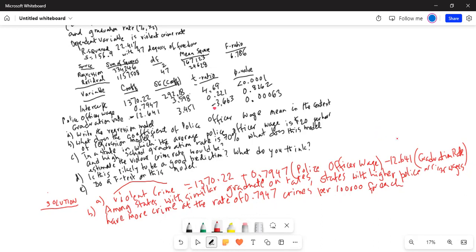Police officer wages, for each dollar per hour of wages.